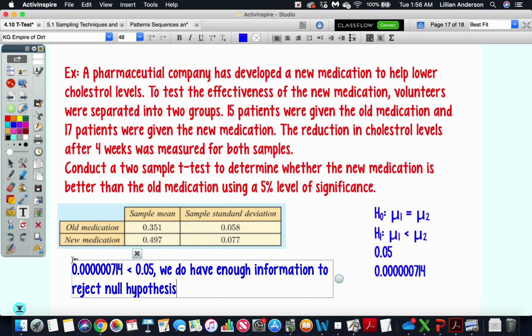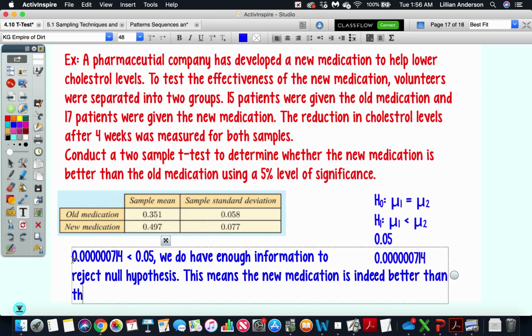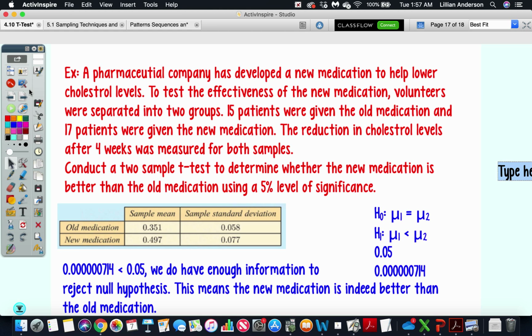So if we reject this null hypothesis, then that means that the new medication is indeed better than the old medication. And that is how you perform a two-sample t-test.